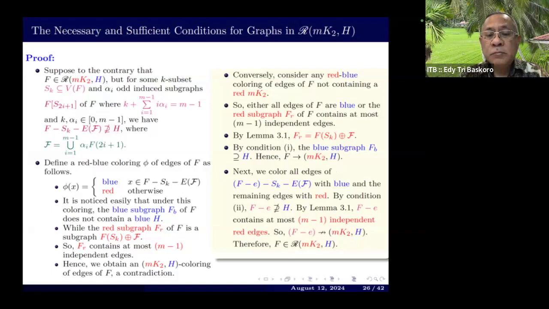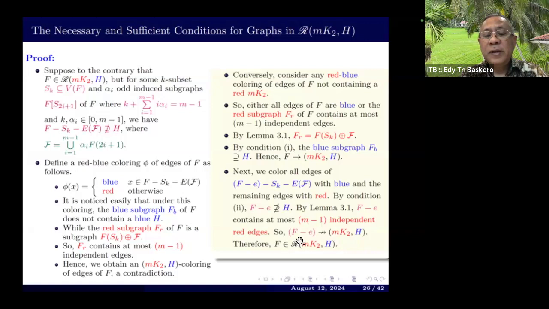Next, to prove the minimality of F, we color all the edges of F minus E minus SK, the set of all edges in curly F, with blue and the remaining edges with red. And by the second condition, F minus E does not contain H. And by lemma 3.1, F minus E contains at most M minus 1 independent red edges.